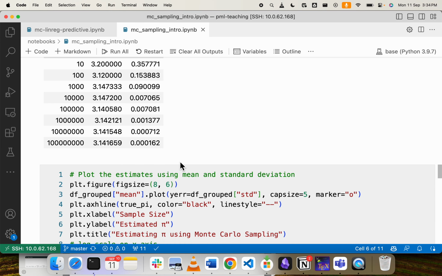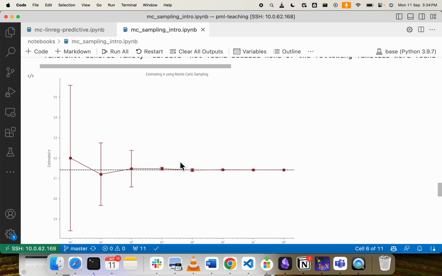Then we group these results and plot them. The true value is shown as 3.14, this horizontal line. We see that the estimates we obtain, even for a low value of n, if you average them out, give a reasonably good estimate close to 3.2, but the variance is huge.